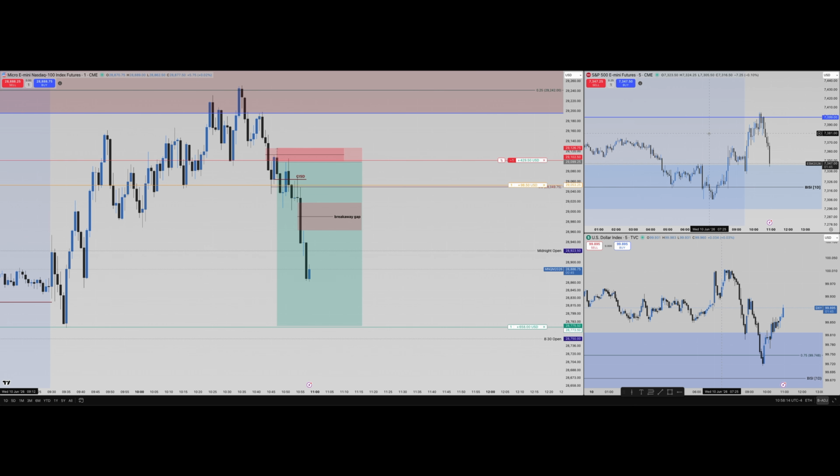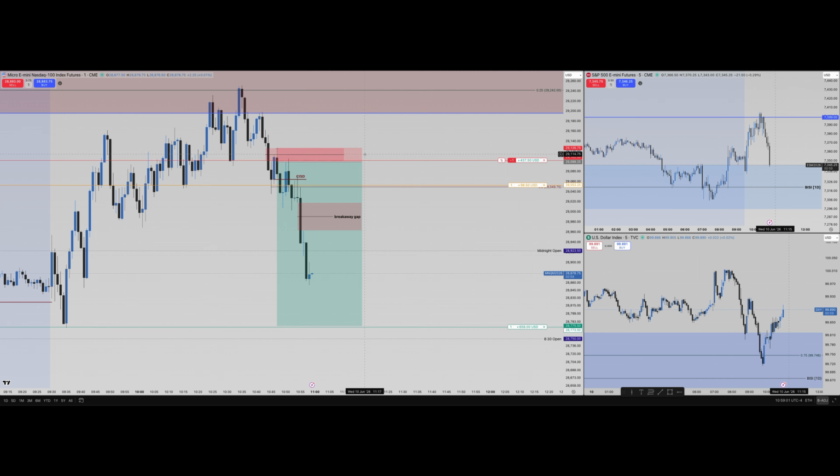Price reaching below that sell side swing low, almost there. Now at this point, I'm looking at ES on the top right, and you can see that daily inefficiency on the 5-minute chart that's been graded in the shaded box in blue.